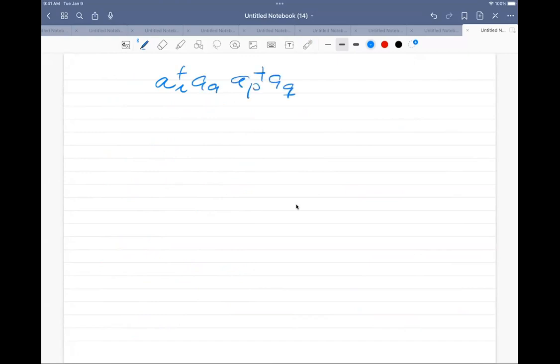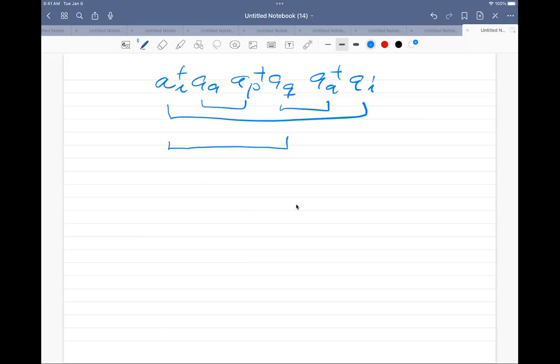So we never care to write down the zero contractions. And one of the contractions we have is this one, which we also had before the break. And then the other contraction is actually a_i going to a_q, but then we get a minus sign for here. And then we have the final one with a_a going to a_a.